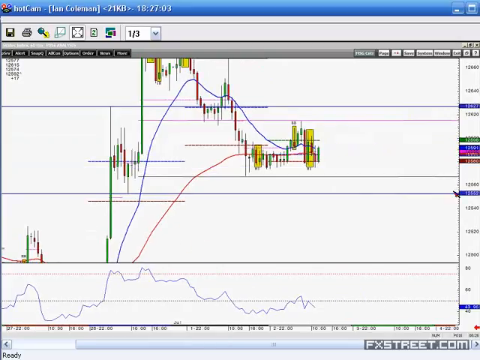Then all we're getting is a consolidating day, and we can see that by the range, where market profile is showing that smart money is happy for the currency pair to trade around these levels.